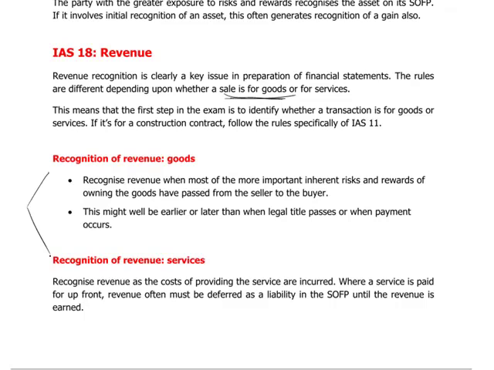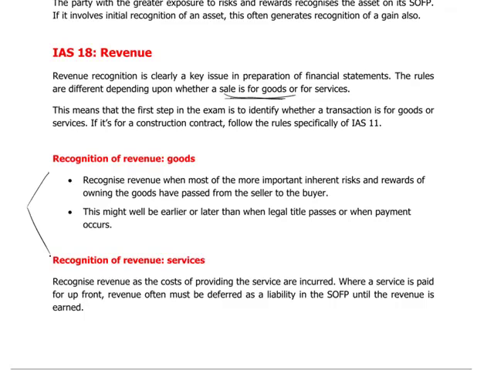So if the goods left on 31st of December, your year end is 31st of December, but it takes 2 weeks, or maybe 1 week, to reach the warehouse of your buyer, you will be responsible for that.